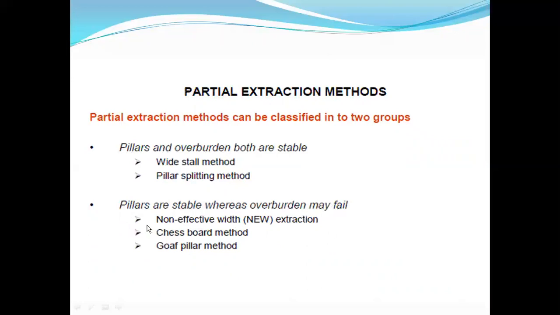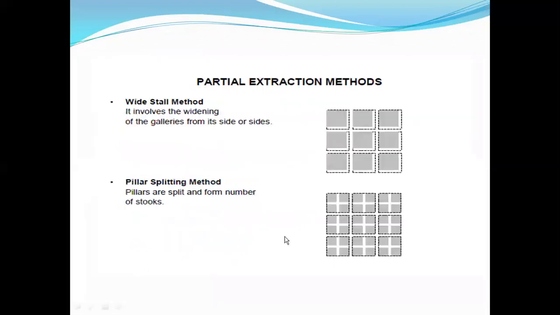In such a case, we use non-effective width of extraction, the chessboard method and the Goaf pillar method. Since the overlying strata is weak, it might collapse, so we need to judiciously select the width of extraction. Non-effective width, this term itself indicates that due to selection of that particular width, there will not be any subsidence on the surface. Next, the chessboard method and the Goaf pillar method.